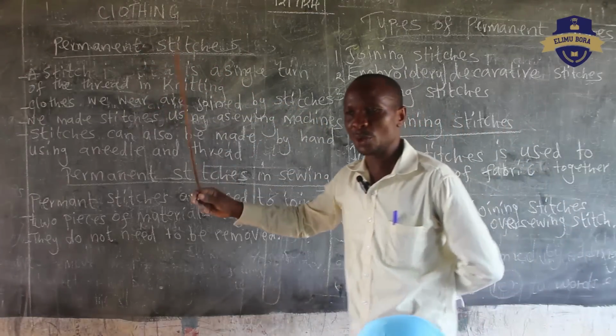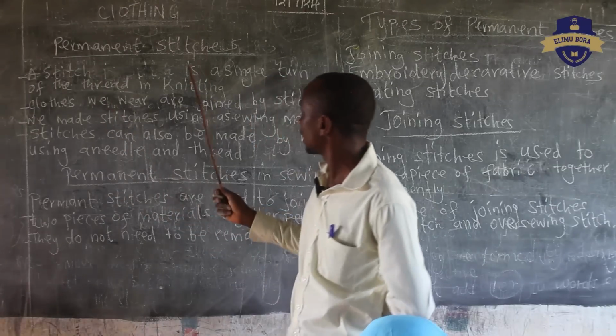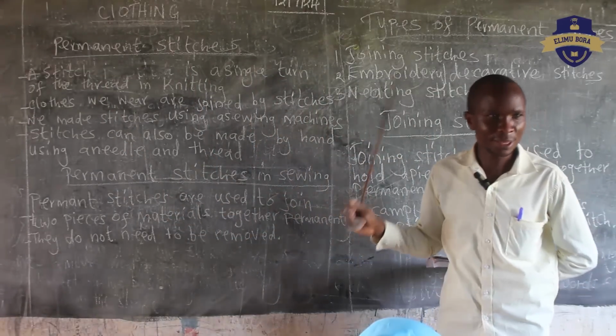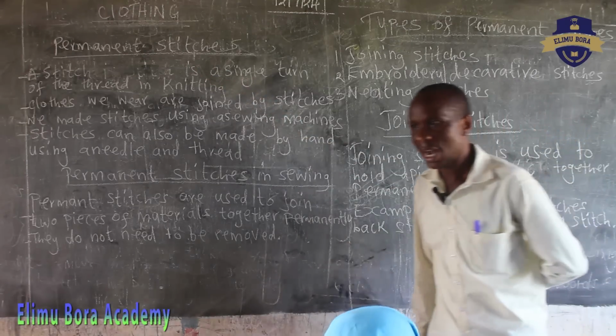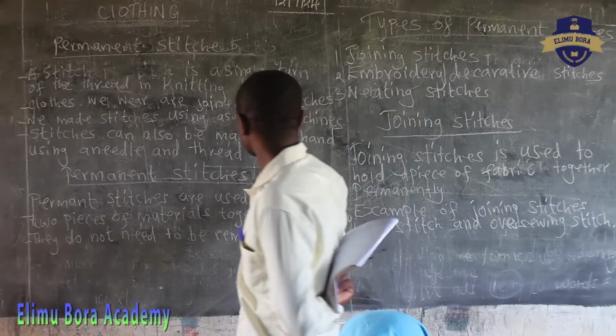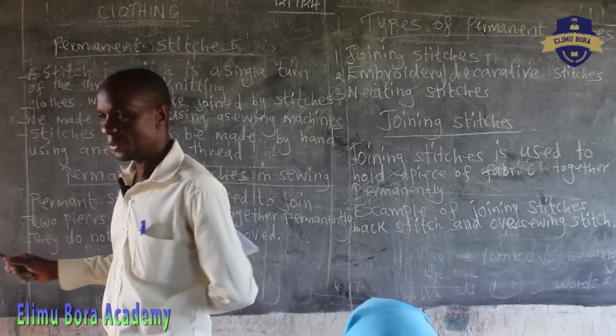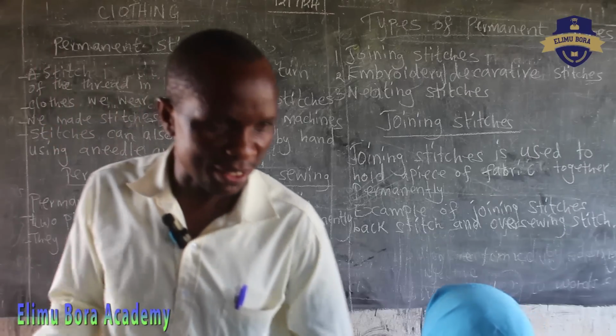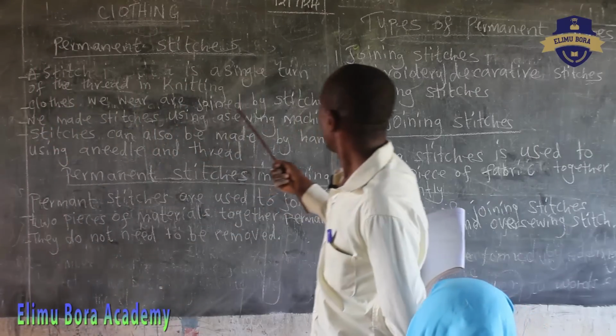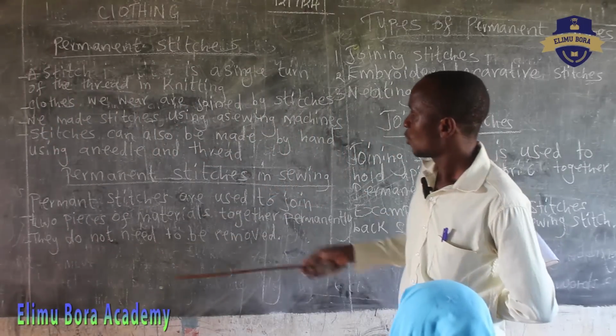First of all, you are supposed to know what a stitch is. A stitch is a single turn of the thread in knitting. The clothes that we wear are joined together by stitches.